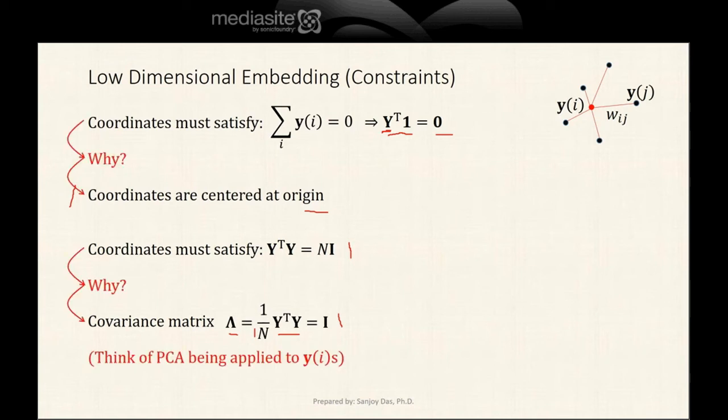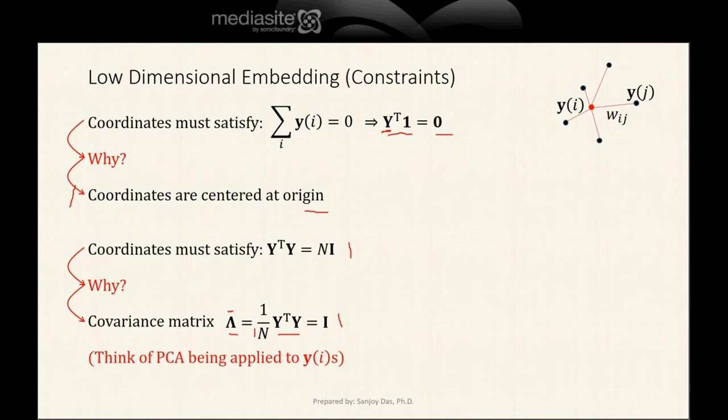The answer to both questions is: think about PCA being applied to the y's. Just pretend, ignore this LLE. If you have points in m dimensions whose coordinates are the y's, and you apply PCA to it, then the covariance matrix will be a strictly diagonal matrix.